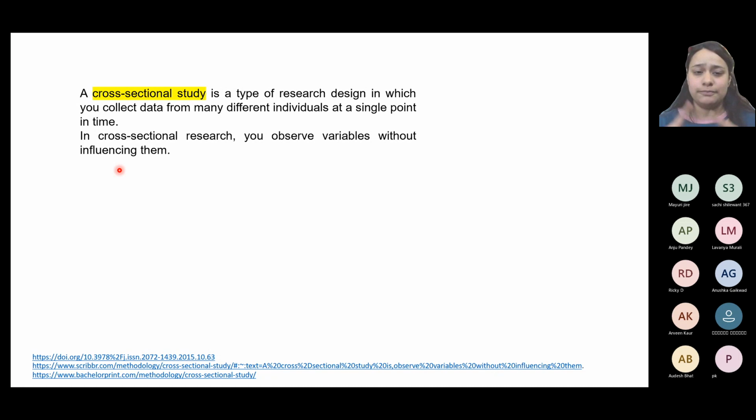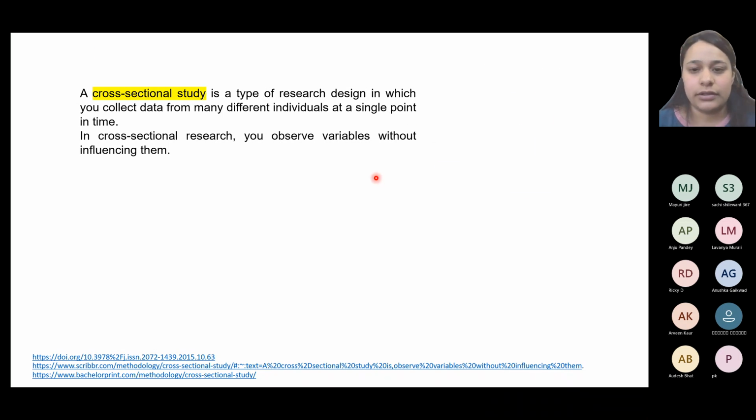Also, it is just an observational study. You are not going to influence the individuals in any way or change their environment and study them. It is just an observational study of the data that is collected at a single point in time.